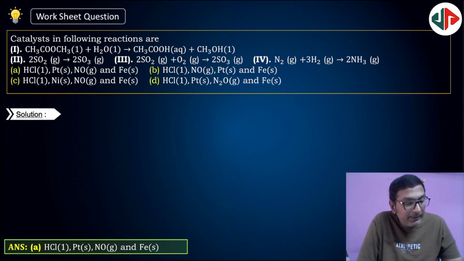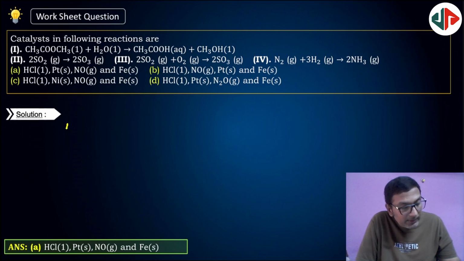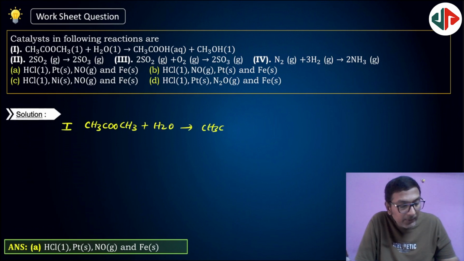Next. So catalysts in the following reactions are. So in first reaction, CH3COOCH3 plus H2O gives CH3COOH plus CH3OH. Hydrolysis of ester takes place in the presence of acid.